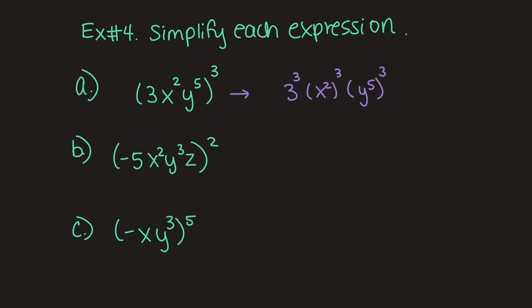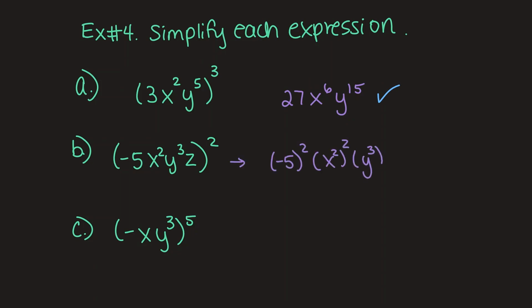So 3 to the third power is just 27, and then we use our power rule here and multiply the exponents, and this simplifies to 27 x to the 6, y to the 15th. For the next expression, we do the same and raise every factor of our base by the exponent of 2. Simplify, and we get 25 x to the 4th, y to the 6th, z to the 2nd power.